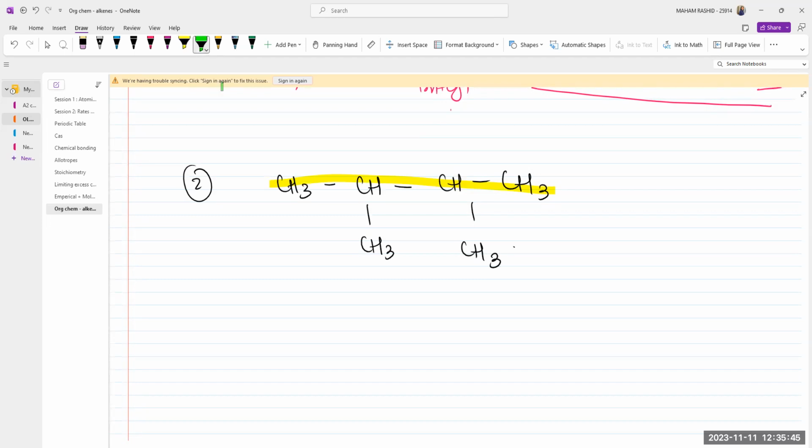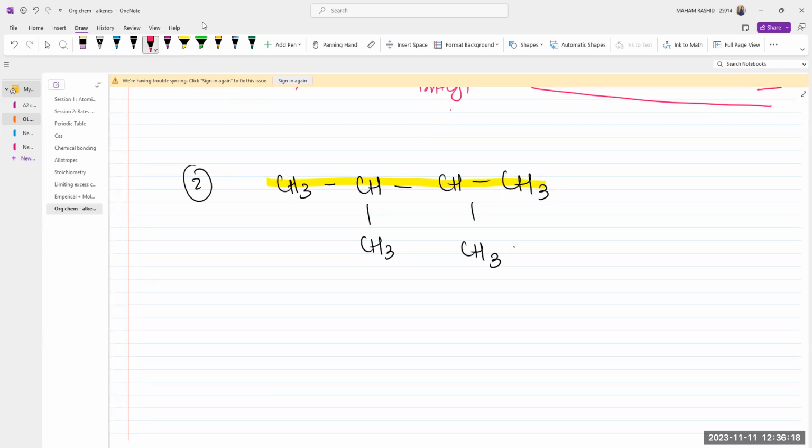It could be either this or this, this also has 4 carbons, right? Or it could be this, that also has 4. So you have a number of possibilities in a single structure, but you go with just one. So we go with the easiest one, which is this one. Now you've chosen your longest carbon chain.